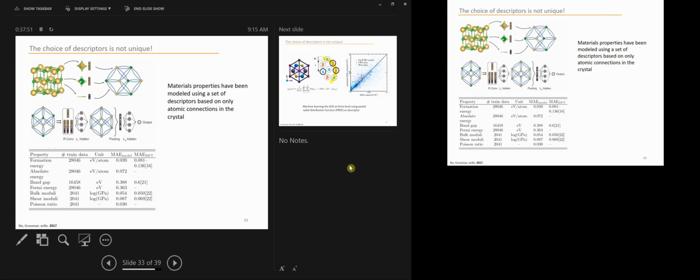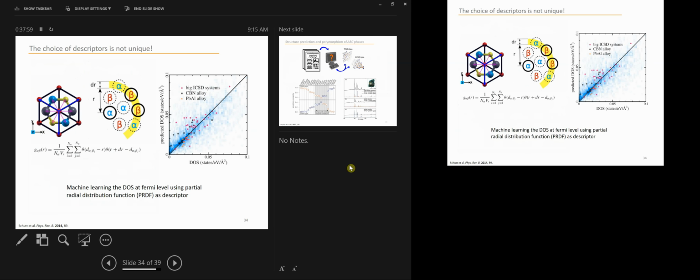And this is very interesting to me, because a completely different set of features is able to yield models with similar performance. Another example is that researchers have used partial radial distribution functions as descriptors, and then calculated and predicted the density of states and Fermi level.